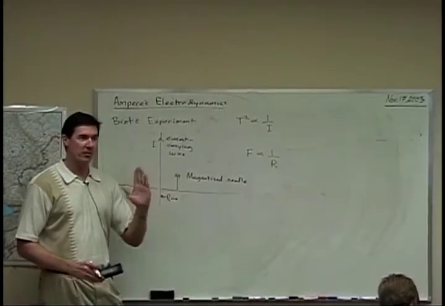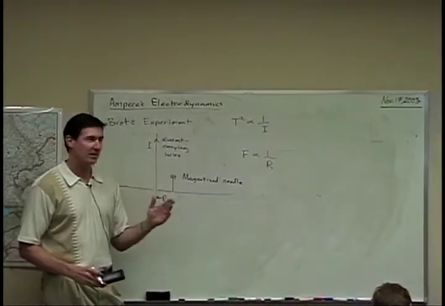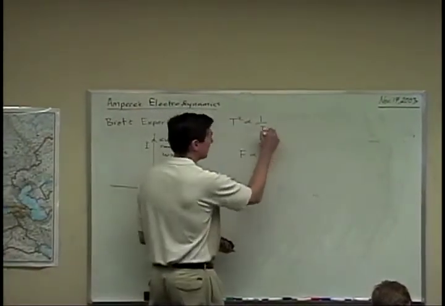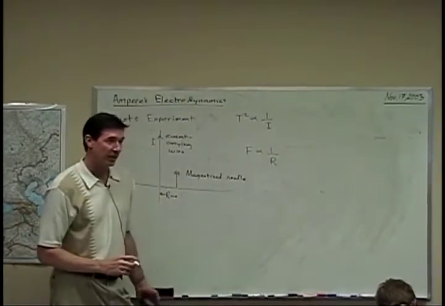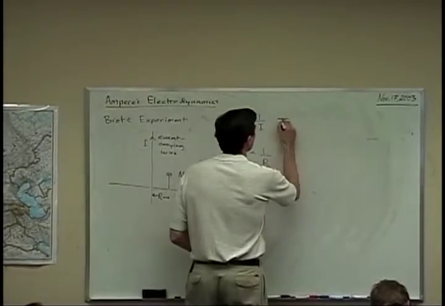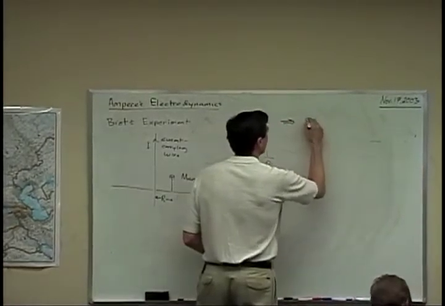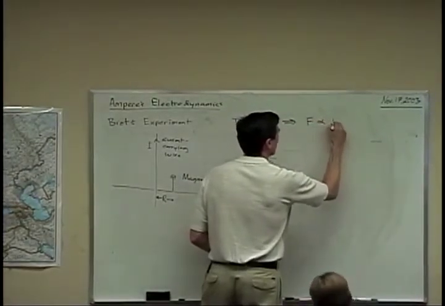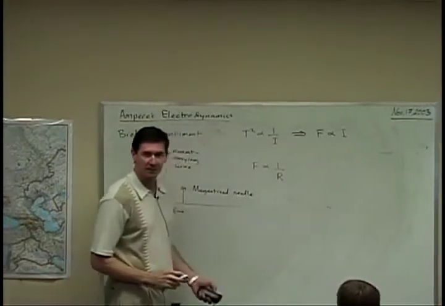In other words, it'll start swinging twice as fast. That's what this equation means. That's what he found experimentally, and that he was able to prove implies that the force is proportional to the current.